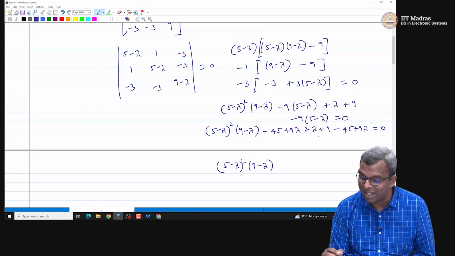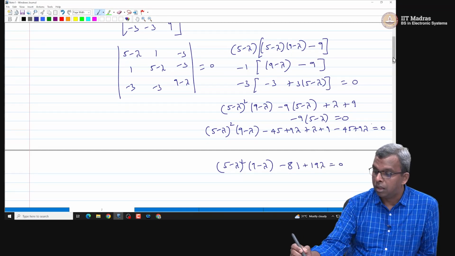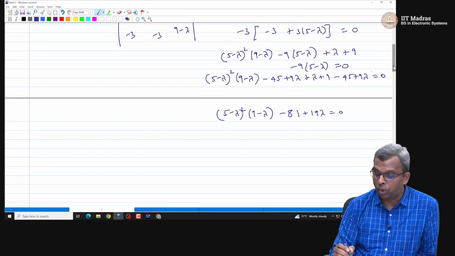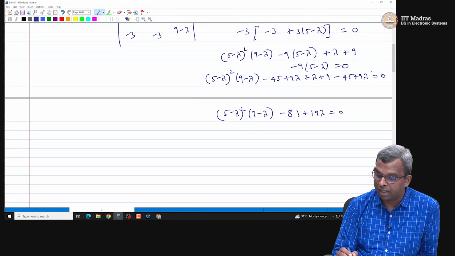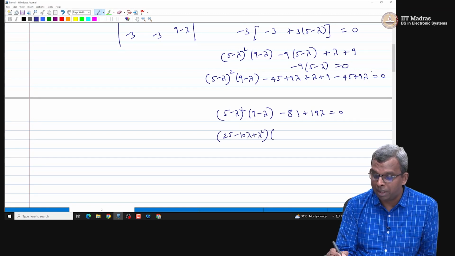So you have your minus 90, so minus 81. Okay, so this is what we get here, plus 19 lambda, equal to 0. So this seems a little unfortunate, but that's okay. So you have to factor out a lambda minus 3. I was hoping you'd get something like that there, but it doesn't seem to work out quite easily. So you'll have to do this the hard way, minus 10 lambda plus lambda squared. So hopefully I have not made any mistakes.